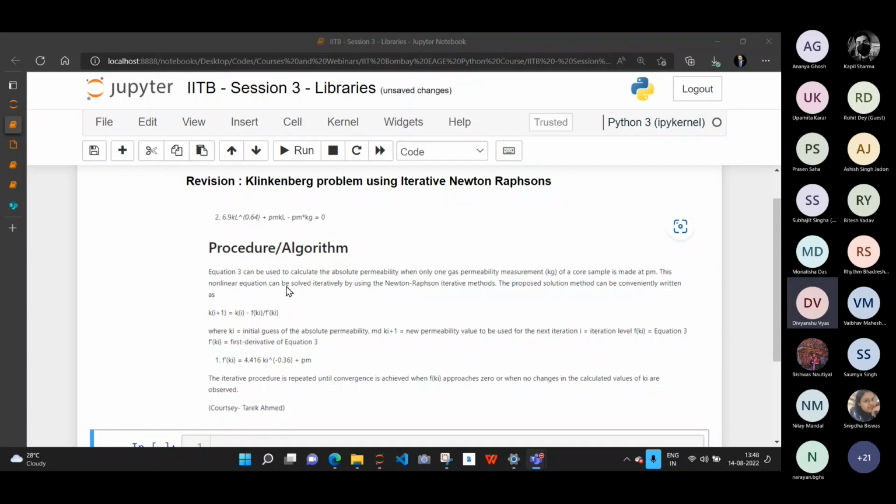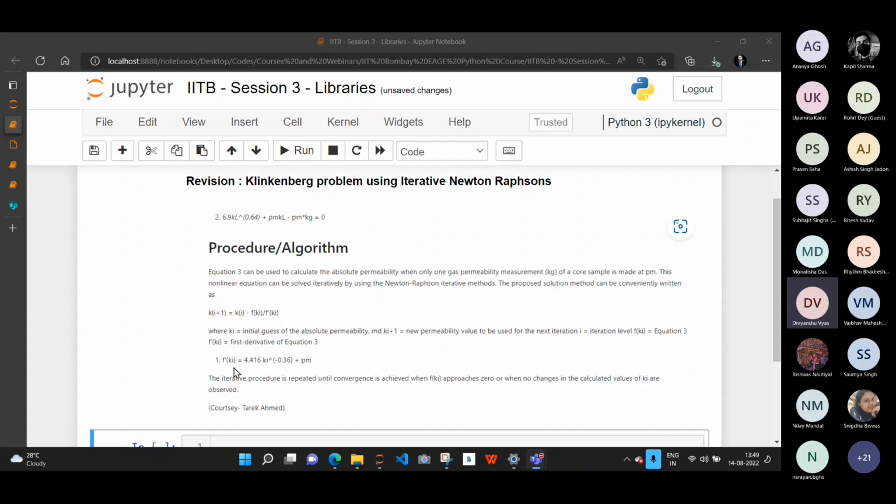This nonlinear equation can be solved iteratively by using Newton-Raphson's iterative methods. The proposed solution method can be conveniently written as, you can see k new is equal to k old minus f(k) upon f dash k old. Okay, where ki is the initial guess, and you are trying to update it recursively. All right, and we will need the f dash k because we already know the f(k).